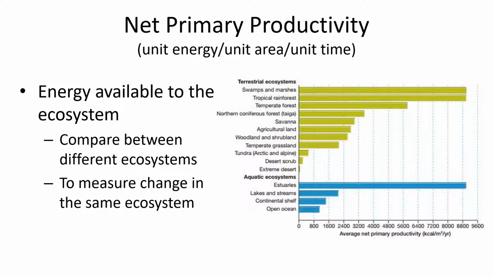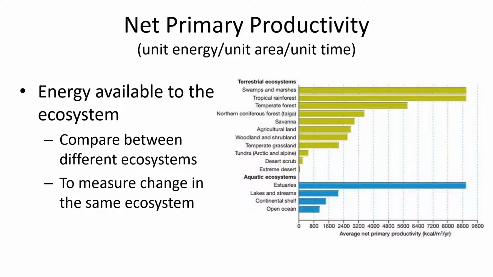If you look at the graph, you end up with a tropical rainforest that's way out near 8,800 kilocalories per meter squared per year, whereas the desert is much lower. And so we can tell that the tropical rainforest is a lot more productive than the desert because it's undergoing a lot more primary productivity.